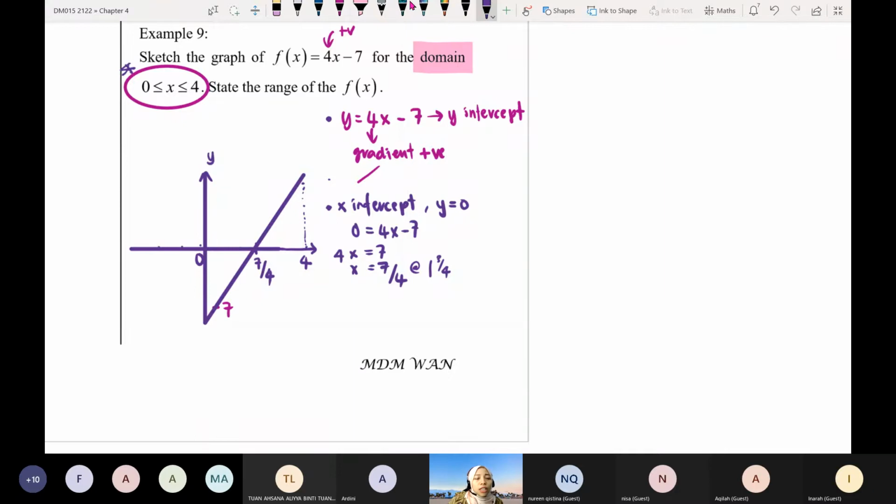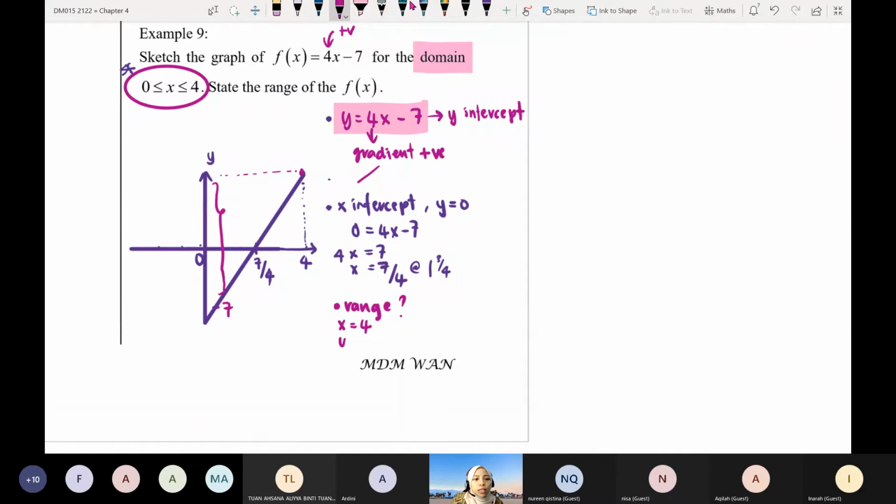Okay, so since the domain is given, it has already been stated, it does not ask for it. Okay, so what is the range? How do we know the range? The range is what? y, right? Okay, so to know the range, the highest is at 4, so what is y? You substitute. If you want to know the range, you have to substitute the values we have. x equals 4 into our linear equation.